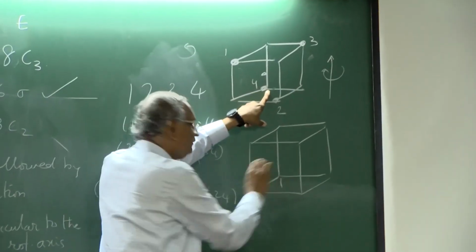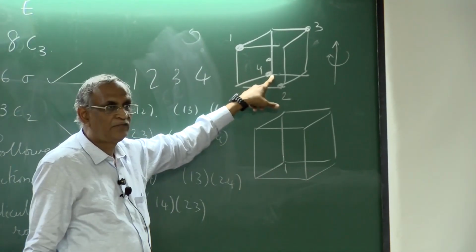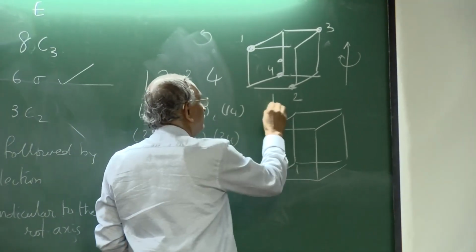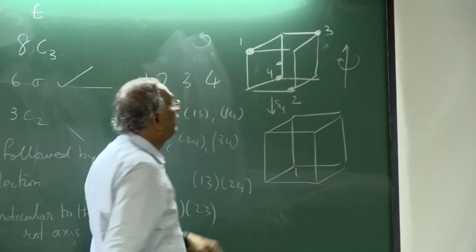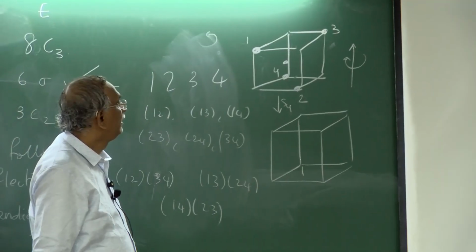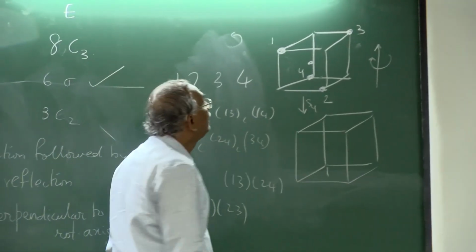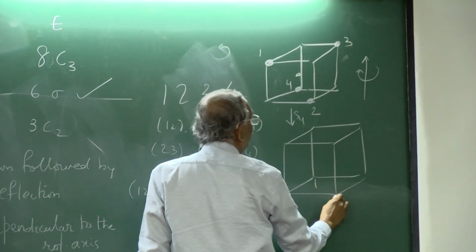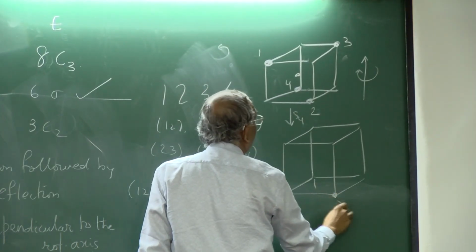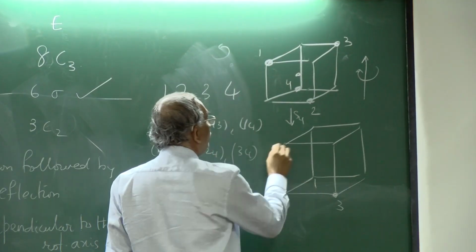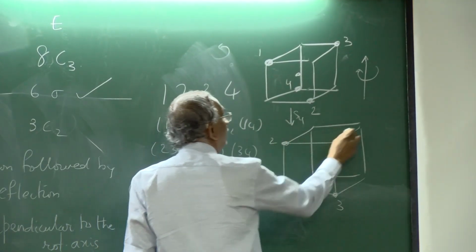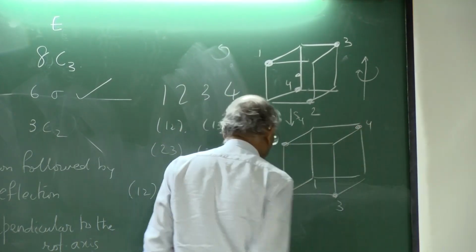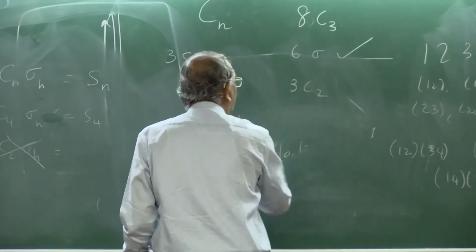So this is 1, after the S4. Where are the other atoms? 3 goes to 2. So this is 3, and this is 2, and this is 4.